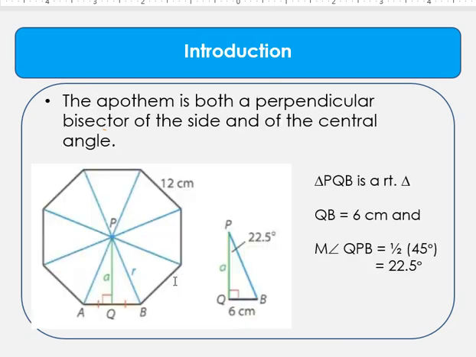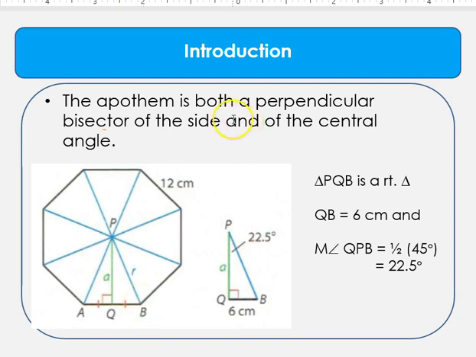Let's take a look at that. So here we have an octagon. We've drawn our central angles and our radii, which have divided this octagon into 8 isosceles triangles. So that means for this triangle PAB, you have PA and PB, which are congruent.